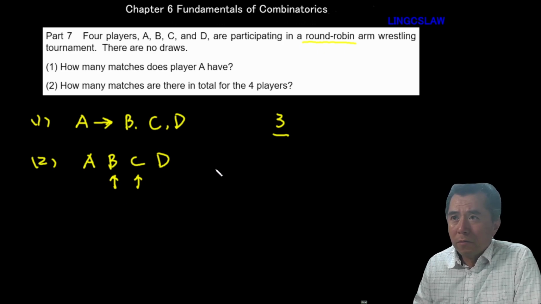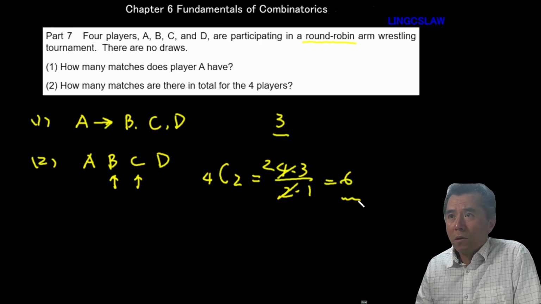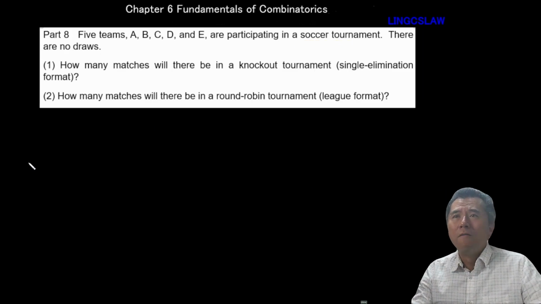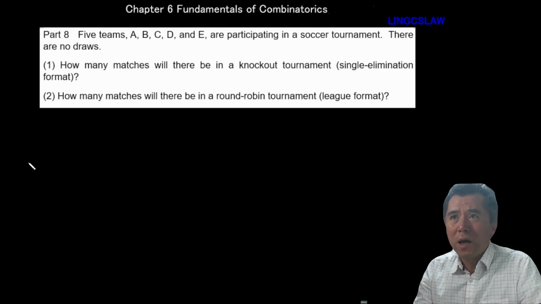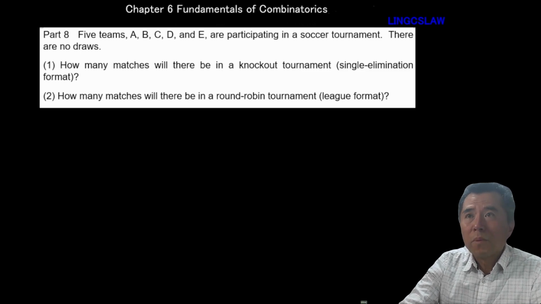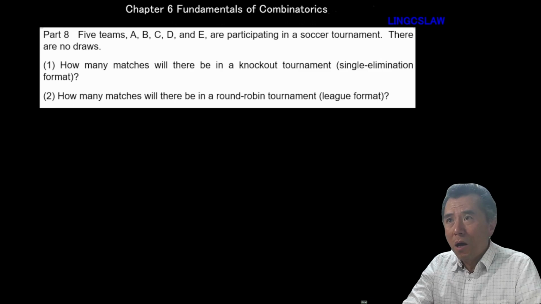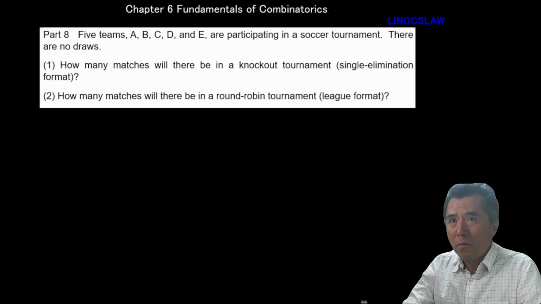And this is 4 combination 2 equals 4 times 3 divided by 2 times 1 equals 6 matches. Part 8. 5 teams A, B, C, D, and E are participating in a soccer tournament. There are no draws. Number 1. How many matches will there be in a knockout tournament? Single elimination format.